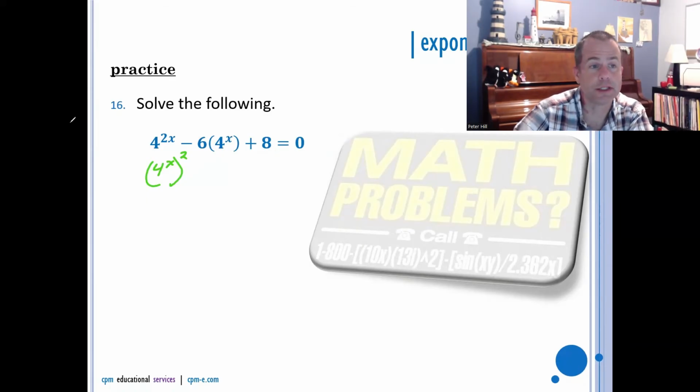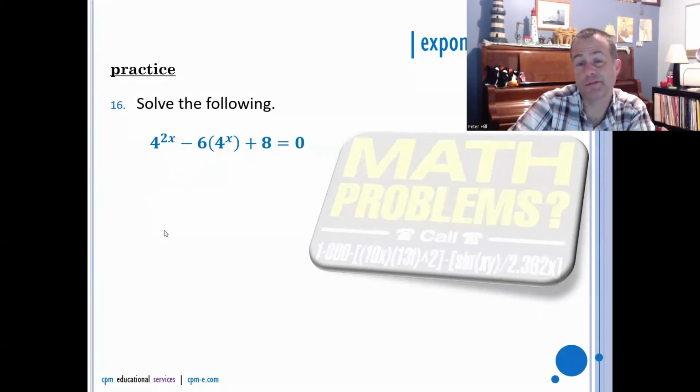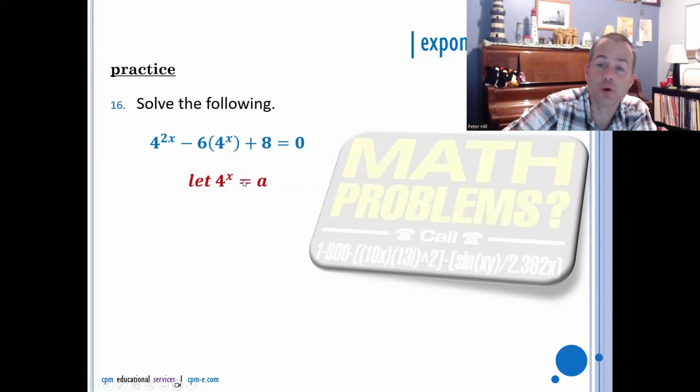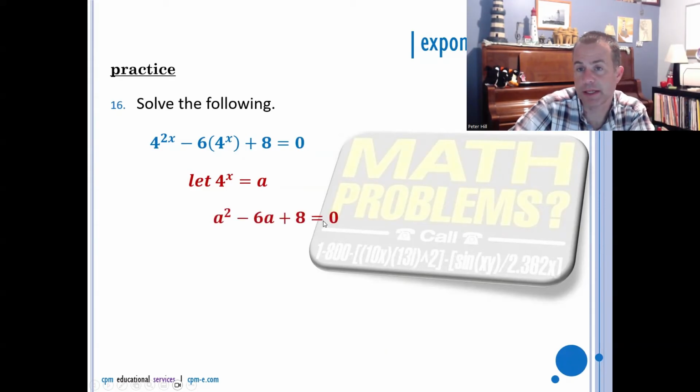It equals 0 already. Now again, we don't want to stress you out. If you want to do a substitution to make it look a little friendlier, totally fine. So we could let 4 to the x equal a. Then I'm looking at a squared minus 6a plus 8 equals 0. I'm going to try and factor that.